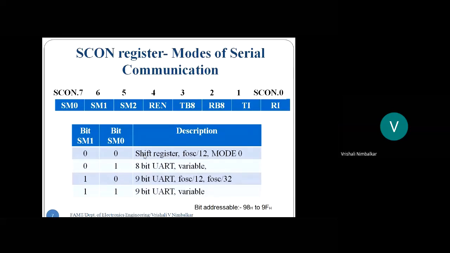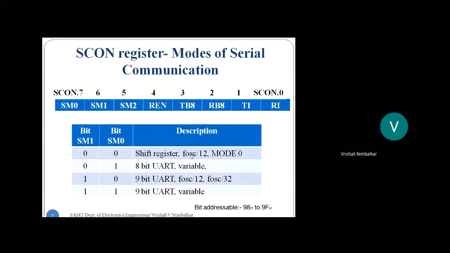It is like a shift register serial communication, or synchronous serial communication. Even though we say UART, universal asynchronous, we can still have synchronous communication between the two devices if we keep the microcontroller in mode 0. So keep in mind, mode 0 is a synchronous serial communication.